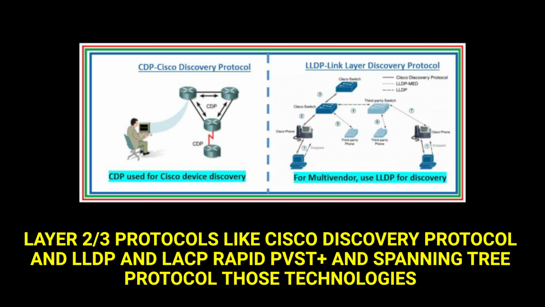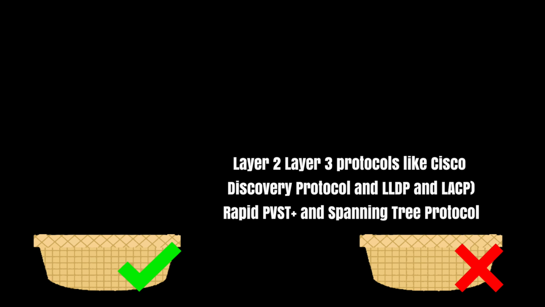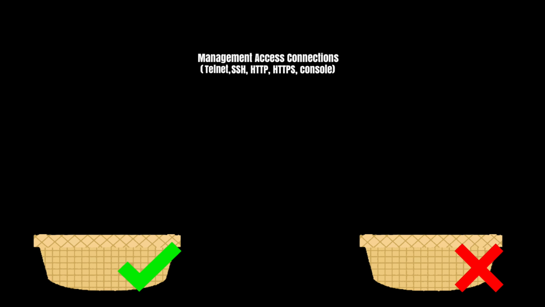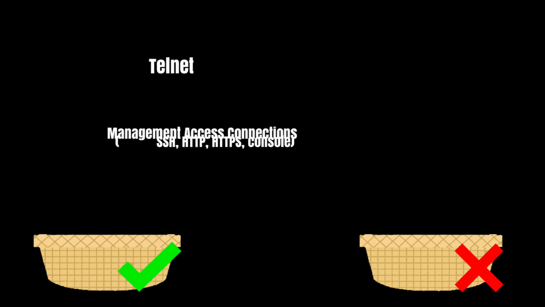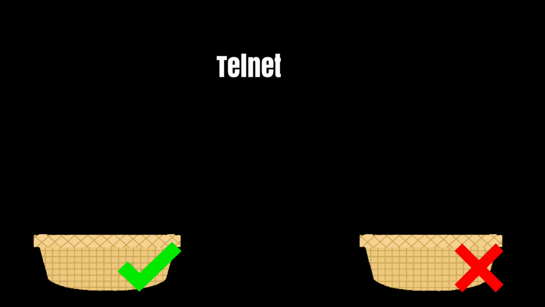Layer 2 and 3 protocols like Cisco Discovery Protocol and LLDP, LACP, Rapid PVST+ and Spanning Tree Protocol, those technologies are also not for you, so these are again for the red bucket. Management access connections such as Telnet, SSH, HTTP, HTTPS, and console are for the green bucket. You will use them daily, except Telnet, which is for the red bucket.